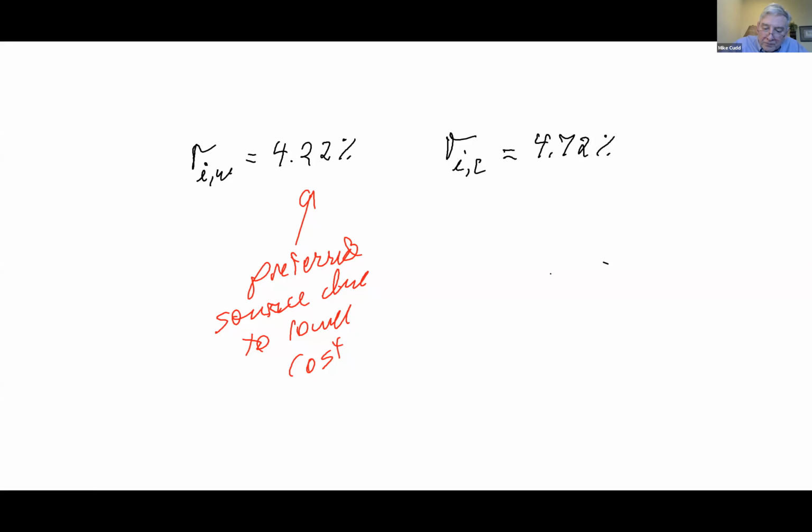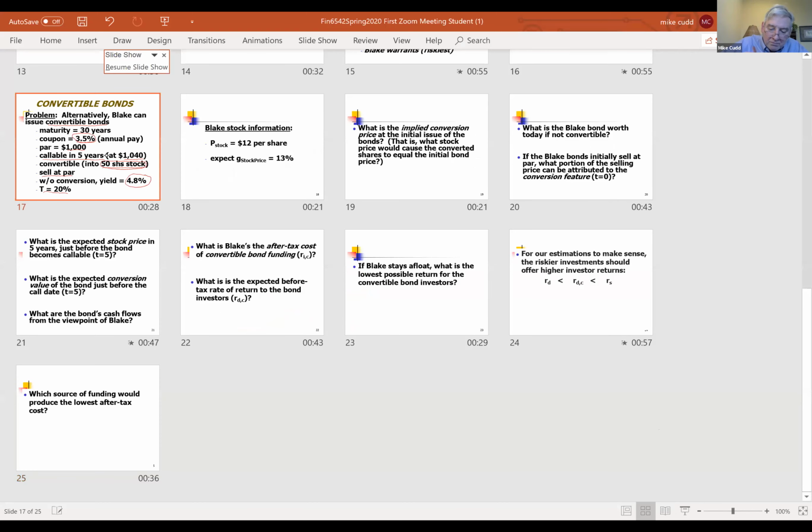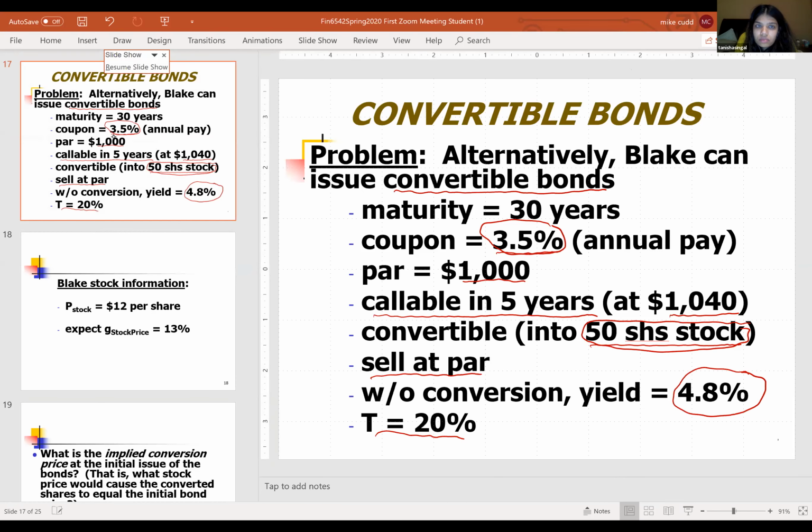What if in the case, what if I change one thing? I say instead of comparable bonds that are not convertible yielding 4.8, what if I change that to 4.2%? And then I ask you to calculate some of these things again.